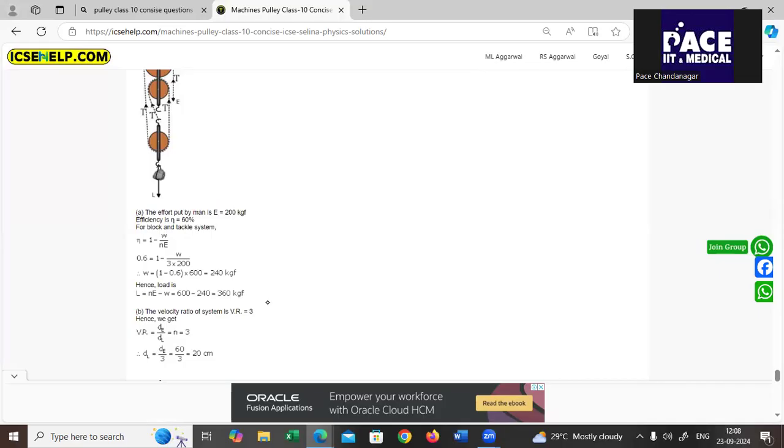60% is nothing but your total of this. So, or else we can directly go with this also. So 60% is equal to mechanical advantage by your velocity ratio. Here, velocity ratio is given to us, I guess, 3, right?